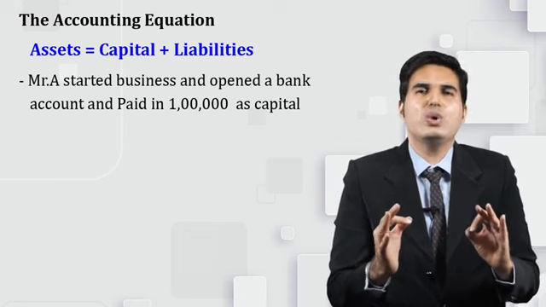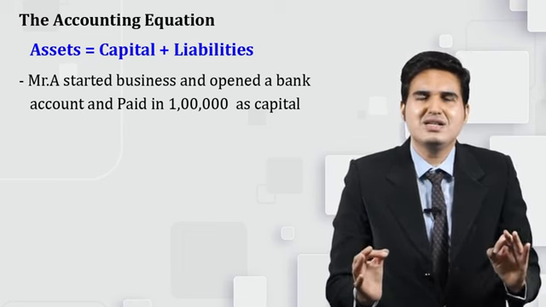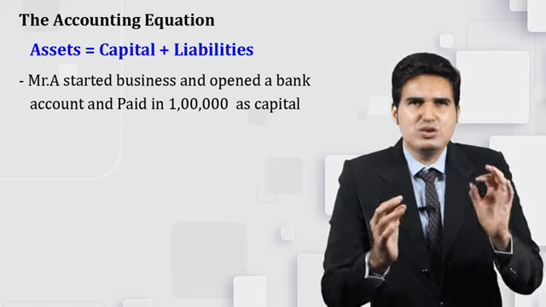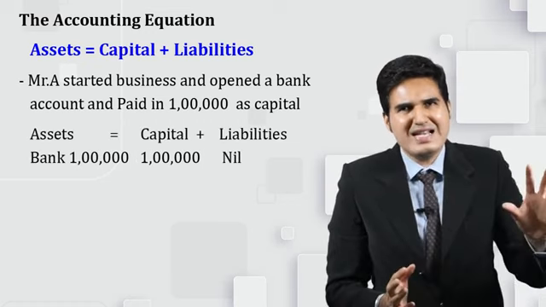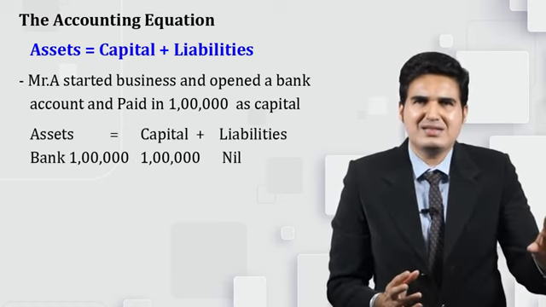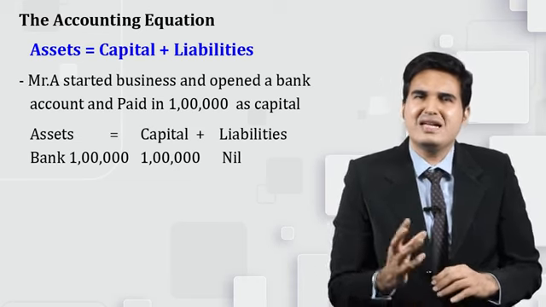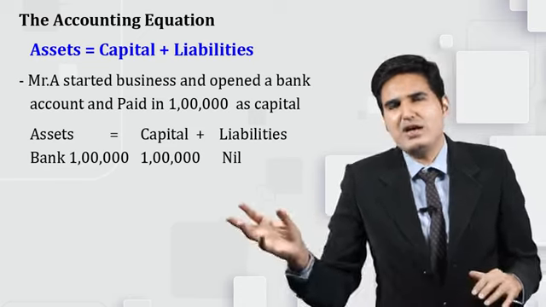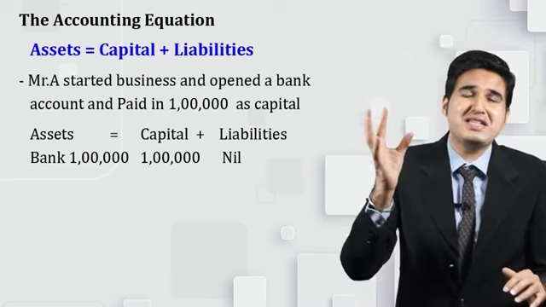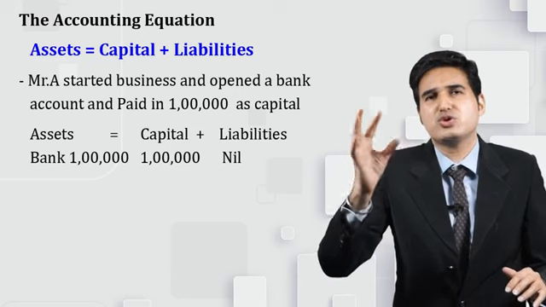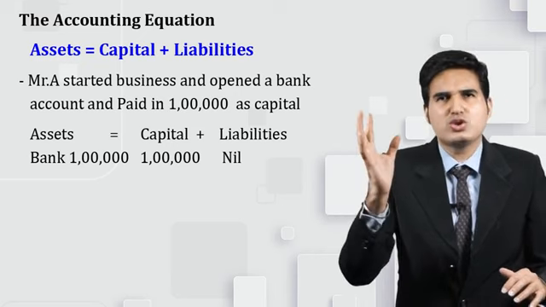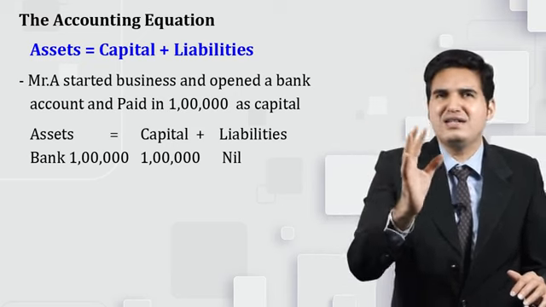Mr. A is the owner of the business. So now you can see on the asset side, in bank there is 1 lakh rupees, and under capital there is 1 lakh rupees. Since we have not done any transaction with an outsider, we are not supposed to pay any amount to anybody. So the liabilities of the business are nil.